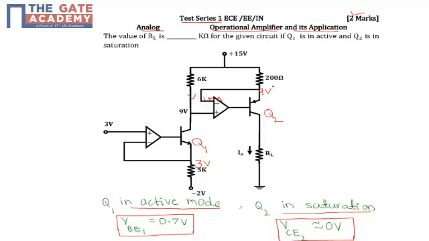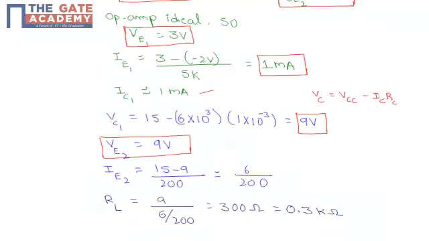Now putting this value in the circuit, VE1, the emitter voltage, will be 3 volts and this will be 9 volts, and a current of 1 milliamp will flow through transistor Q1. We found the emitter current in transistor 1.